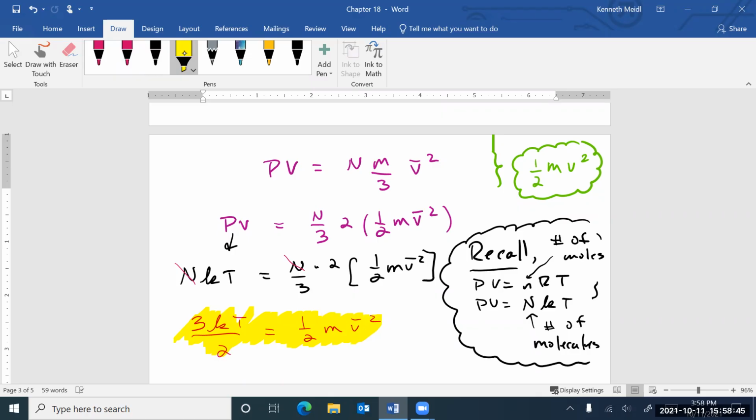And take a look at that result here. I'm glad this worked out the way it did. But what it tells you is that the average kinetic energy on one side of the equal sign equals, there's some constants there. There's 3/2, there's a k, and there's a T here. But the energy of the object is proportional to the temperature.